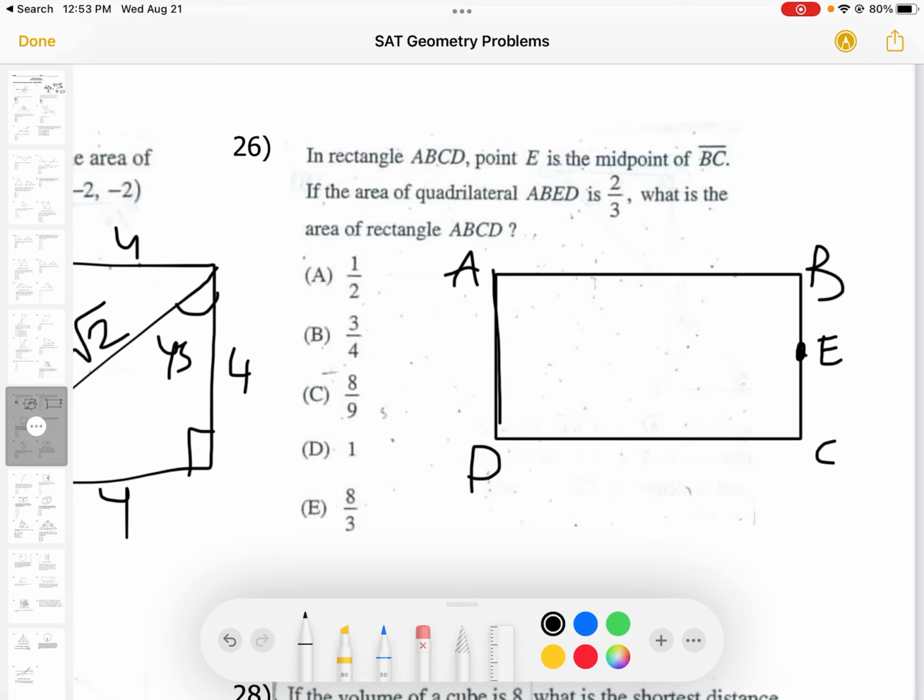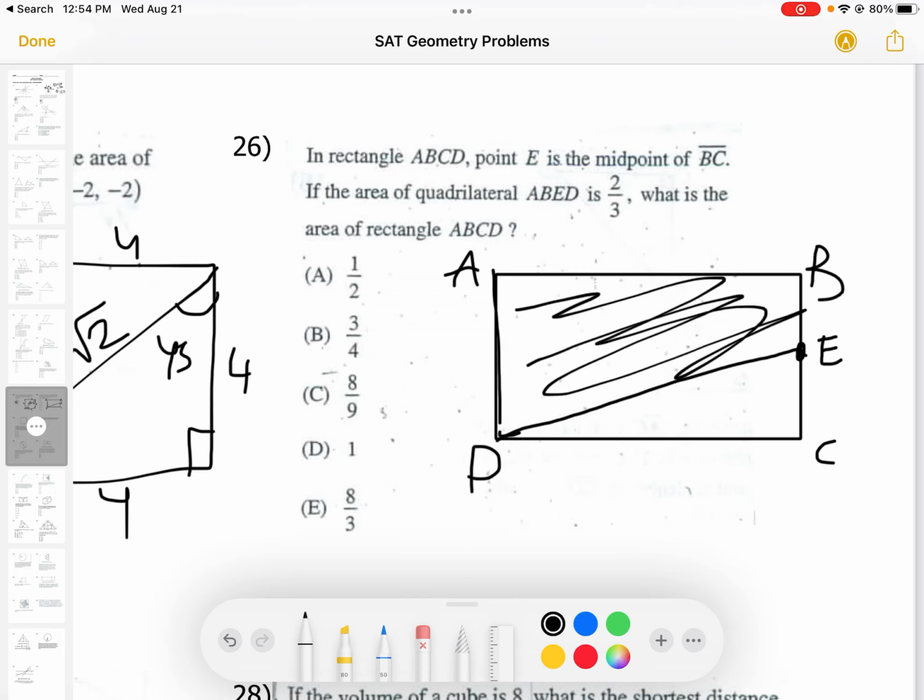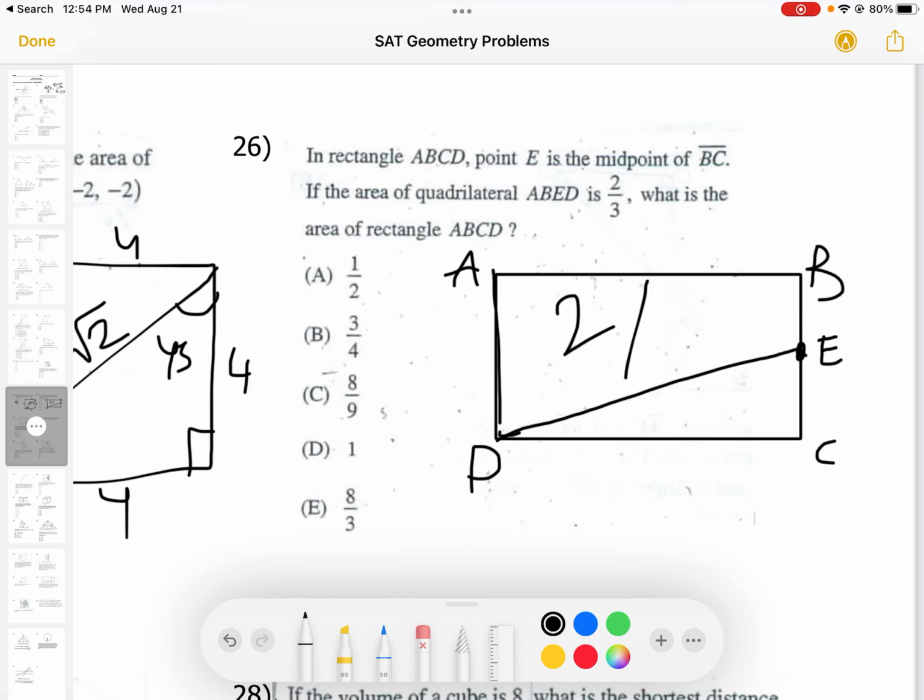So this is point E. If the area of quadrilateral ABED, we draw ED, so basically saying this quadrilateral area is 2/3, what's the area of rectangle ABCD?